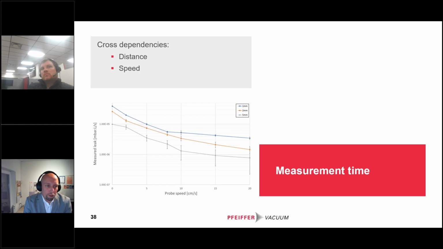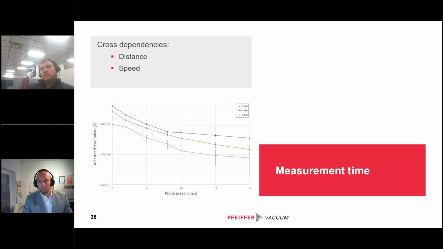You see that the probe was able to find the leak, but the faster it moved along, the smaller the measured leak rate became. And this is important because with the increasing speed of the robot arm, the distance has to be increased to prevent the probe from hitting the surface of the battery pack, because the regulation cannot move or regulate fast enough when it doesn't know what comes next.